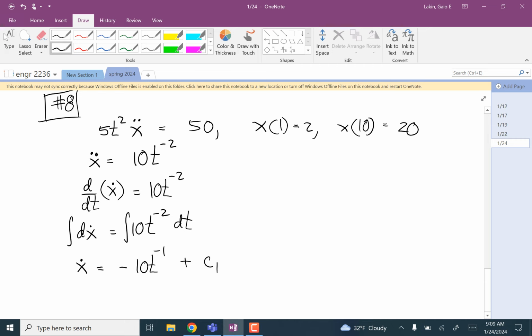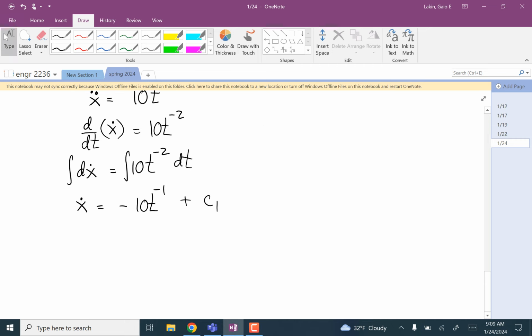We don't have a boundary condition that we can use at this step, so we have to just carry on all the way through. So now, this is dx/dt. So we have dx is equal to negative 10t to the minus 1 plus c1 dt.